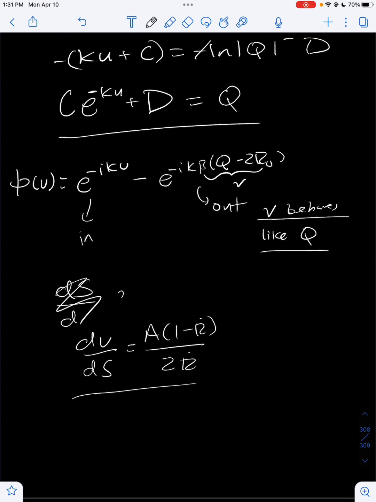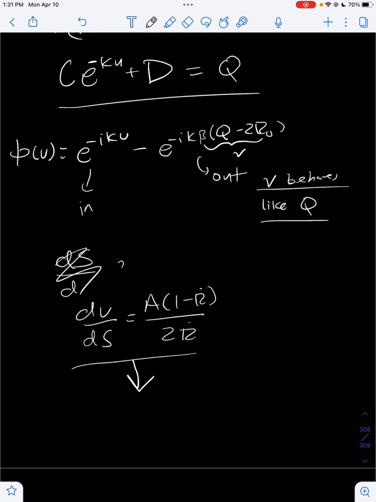But then my textbook does some magic and says, therefore, this over here. I'm not really sure what the in-between is supposed to be, but I don't want to spend more time figuring it out. So let's just assume that v behaves like q at late times, okay?